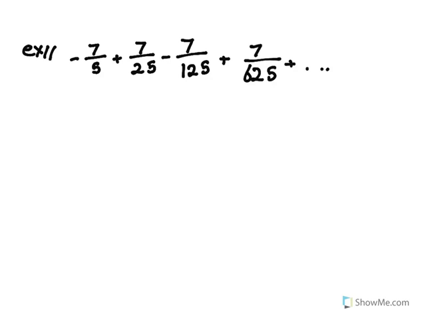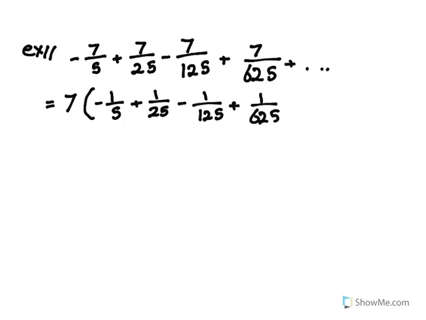So first we need to observe that this is in fact a geometric series, because if we factor out the 7, we get 7 times minus 1/5 plus 1/25 minus 1 over 125 plus 1 over 625, and so on.